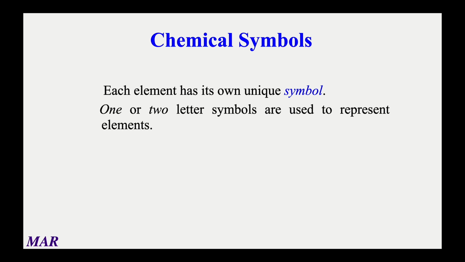When you're talking about an element, it's really a drag to write out hydrogen all the time, or tellurium, or whatever element you're talking about. So chemists use a symbol system to quickly tell each other which one it is. All of the element symbols are one or two letters. The first letter is always capitalized.